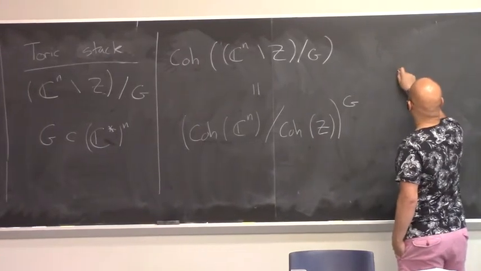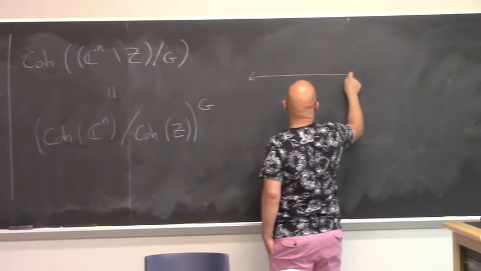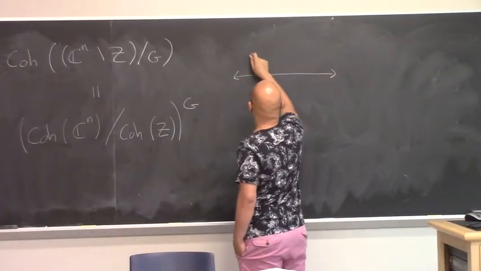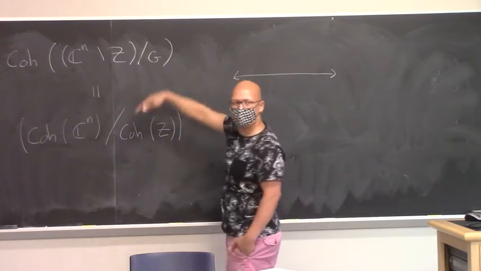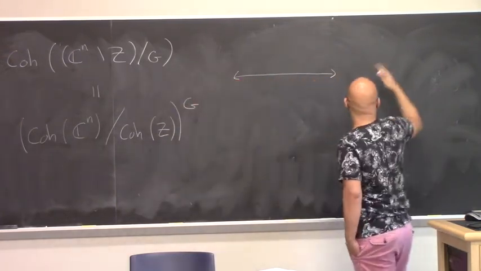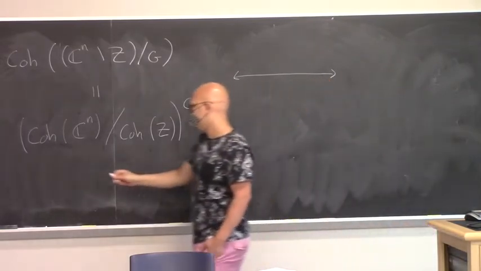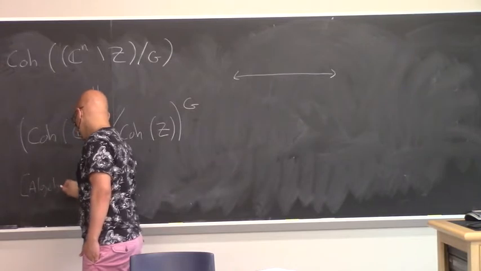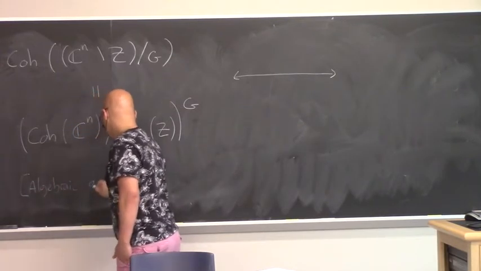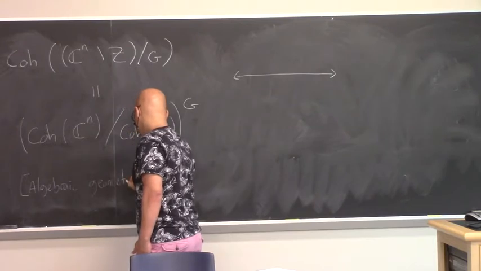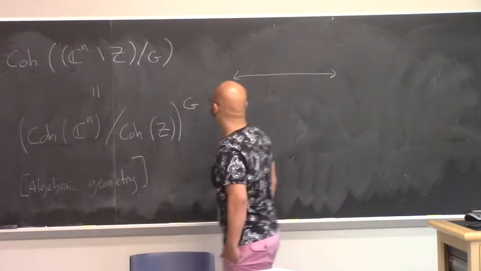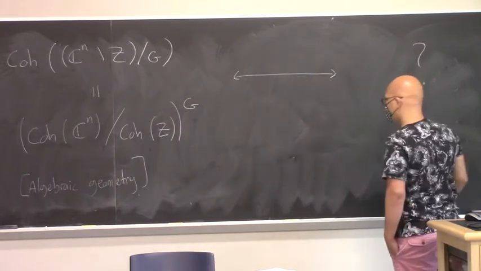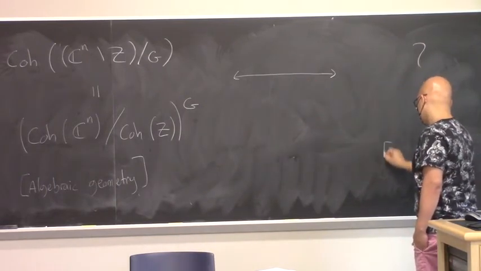And what I would like to explain today is how to translate this across. So this is something which happens in the world of algebraic geometry. And I would like to translate it into something, this whole discussion, which happens in symplectic geometry.